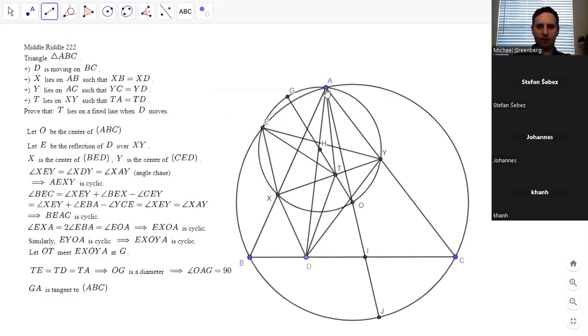And then a homothety, basically the ratio. So yeah, GXY is similar to ABC by an angle chase. Let me just think about that for a second.